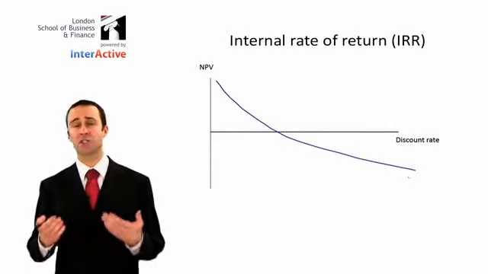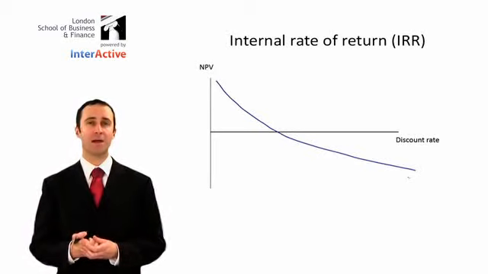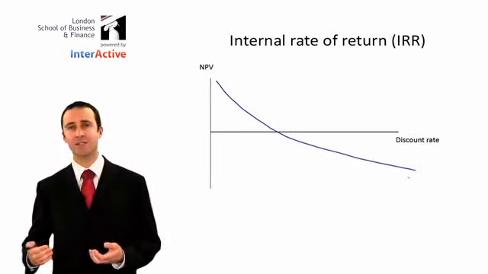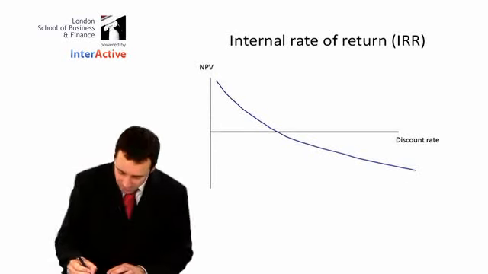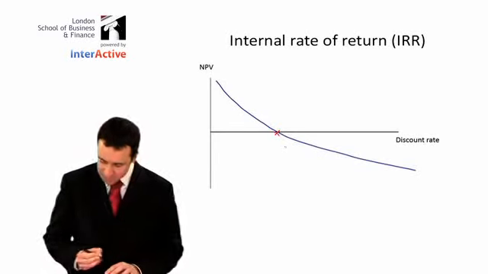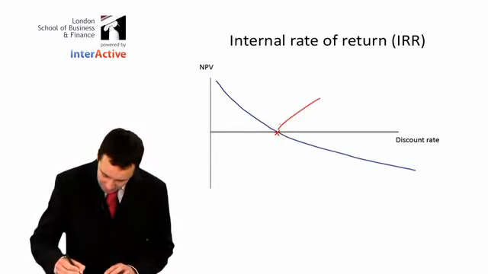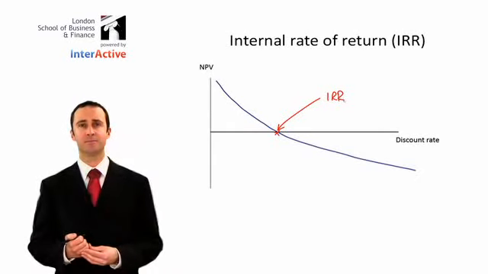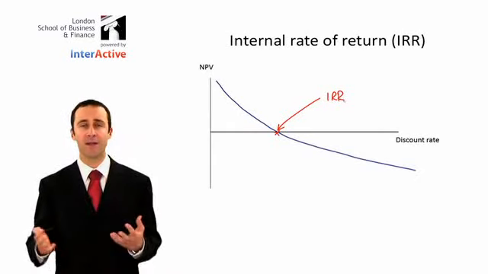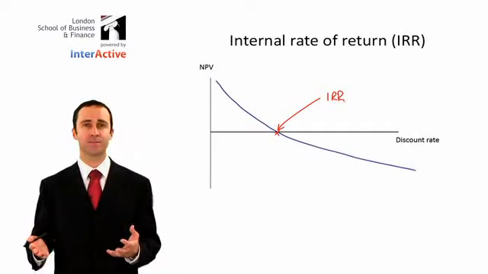So we should have a slope that starts in the top left-hand corner and steadily decreases your net present value as we increase the discount rate. Where that line crosses the discount rate axis, that is your internal rate of return. How do we calculate that point?